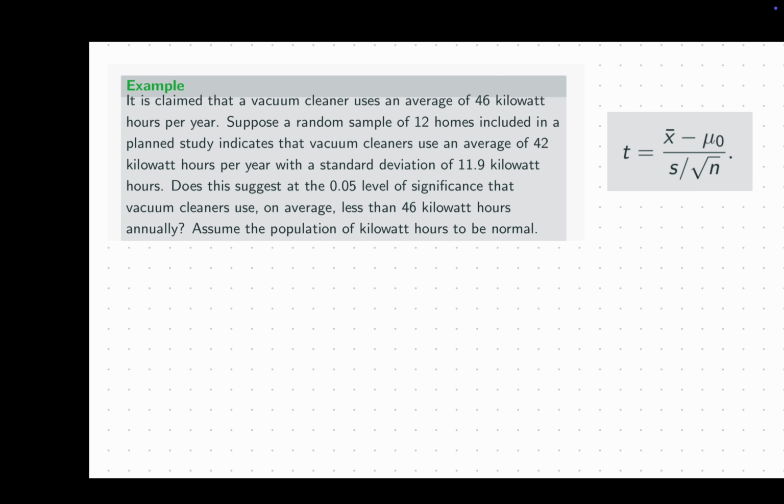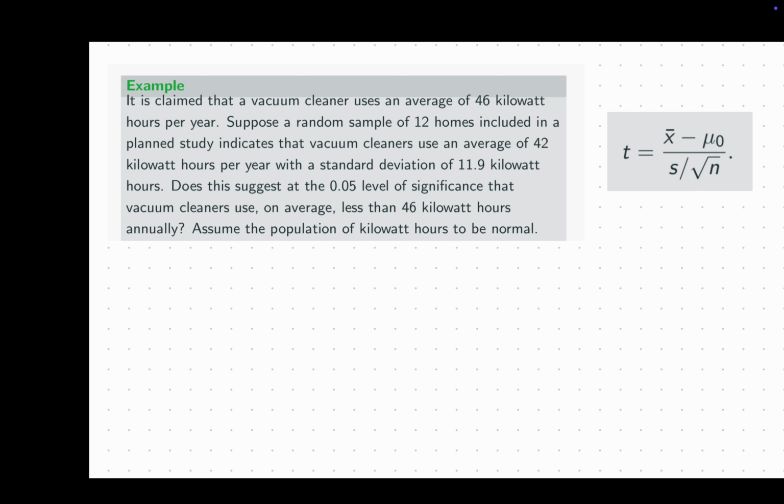Does this suggest, at a 0.05 level of significance, that the vacuum cleaners use on average less than 46 kilowatt hours annually? We can assume that our kilowatt hour population is normal.